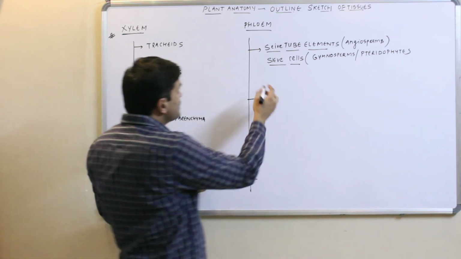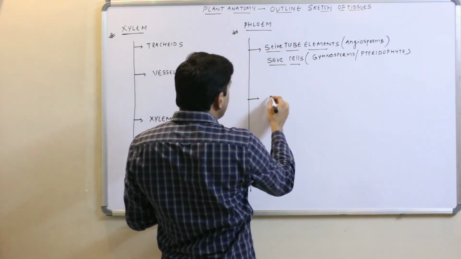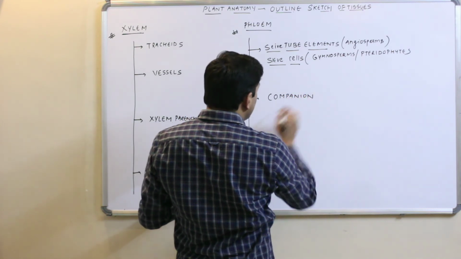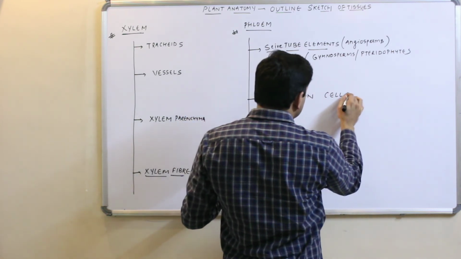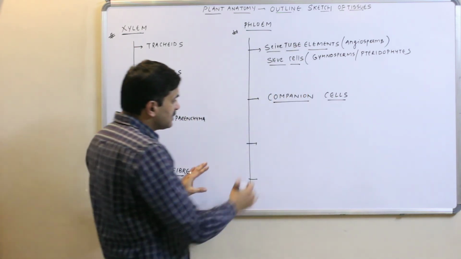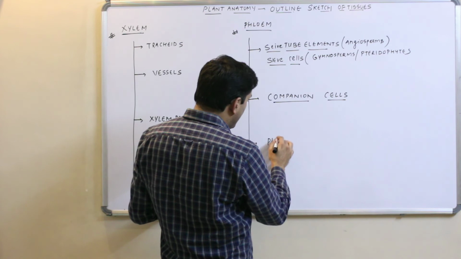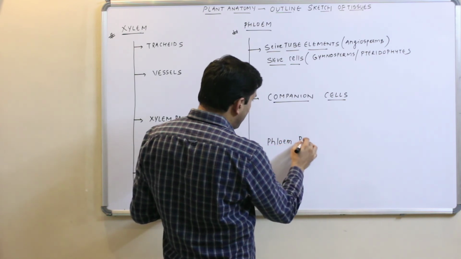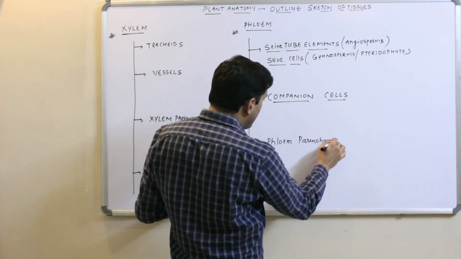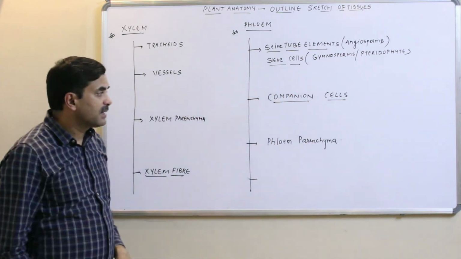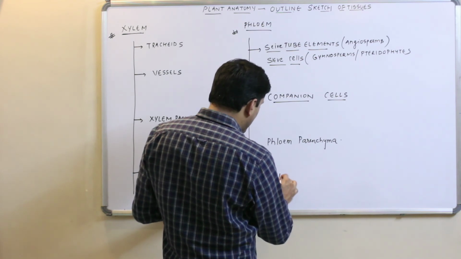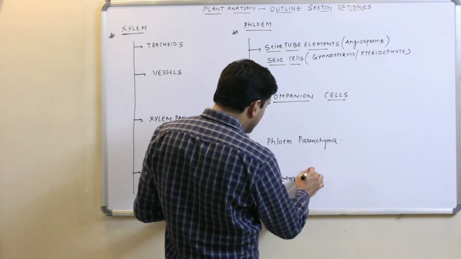All right. The second component is the companion cells. The third is the phloem parenchyma. And the last one is the phloem fiber.